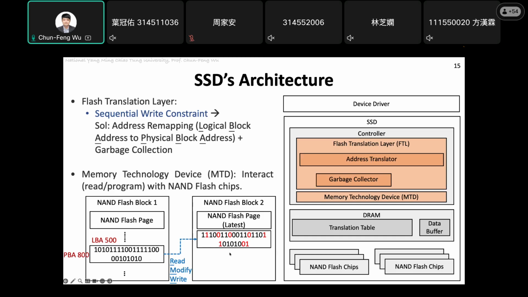So from the user perspective, your Word file is still stored in LBA 500. The difference is that after the update, it is now at PBA 1201. This updated mapping is only maintained inside the SSD controller. The outside CPU doesn't know what happens inside the SSD, and doesn't even know there is a PBA inside the controller.